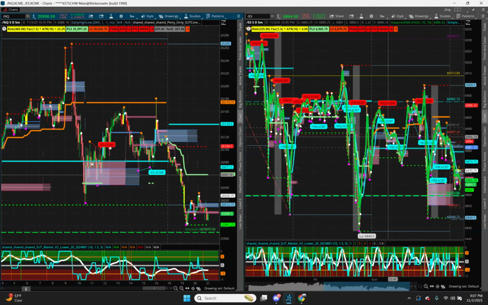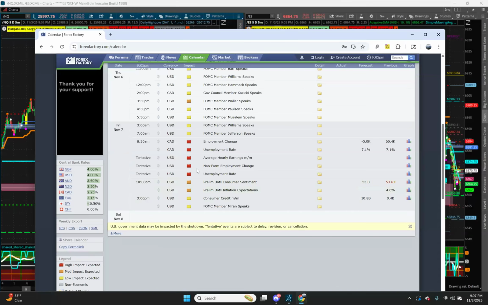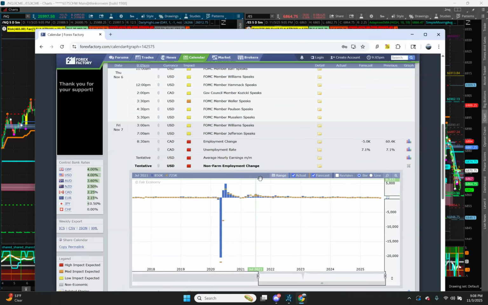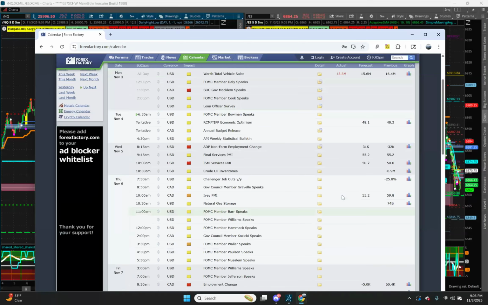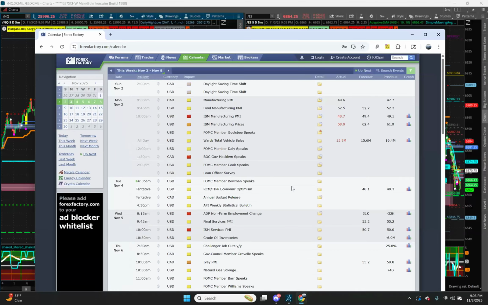The other thing that you can do if you want to journal is with the Forex Factory, you can be aware of if it's a miss. I don't know what the jobs numbers are even supposed to be. Usually they have expectations, or like today for ISM, it was a slight miss.